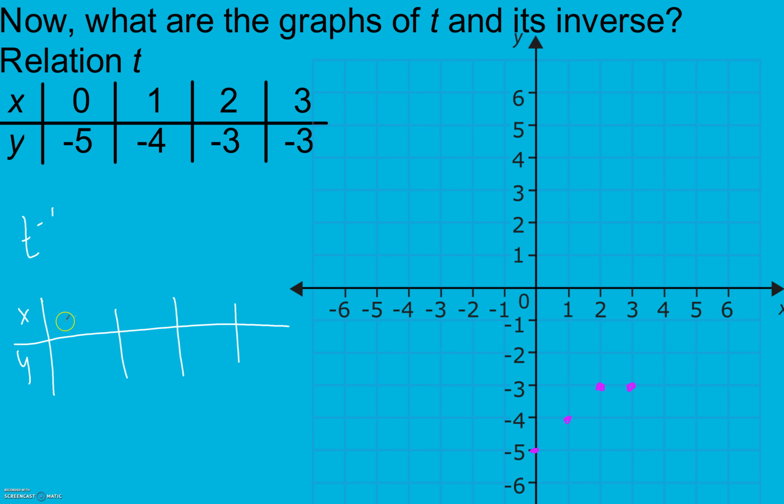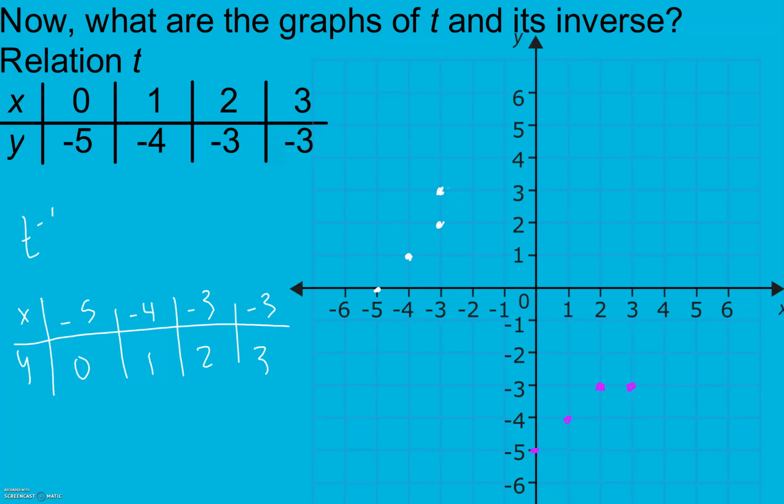Instead of having (0, -5), I'm going to have (-5, 0). Instead of having (1, -4), I'm going to have (-4, 1). I'm going to have (-3, 2) and (-3, 3). So all my x's, 0, 1, 2, 3, are now my y's. My y's, -5, -4, -3, -3, become my x's. So I have (-5, 0), (-4, 1), (-3, 2), and (-3, 3).